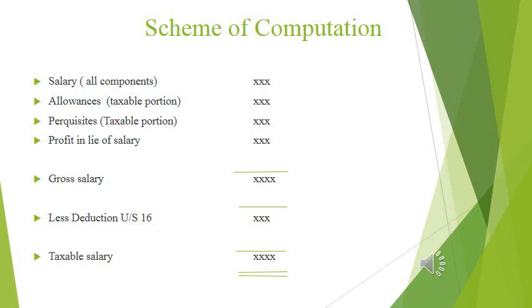So always we have two deductions, standard deduction and professional tax. In certain situations, if the problem is related to a government employee, we have another deduction, entertainment allowance, maximum up to 5,000. These three deductions can be deducted from gross salary. Then we get net salary or taxable salary. This is the method of doing problems in this module.